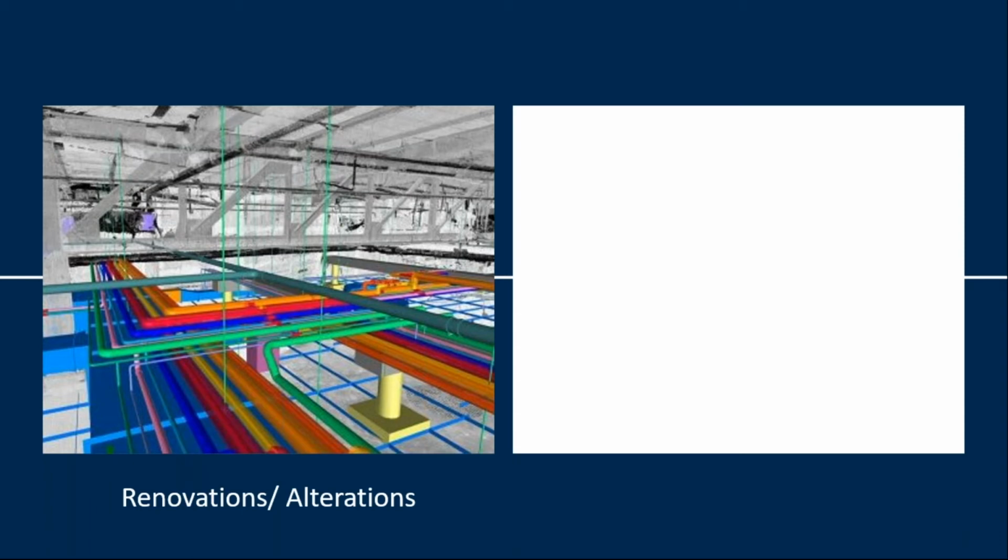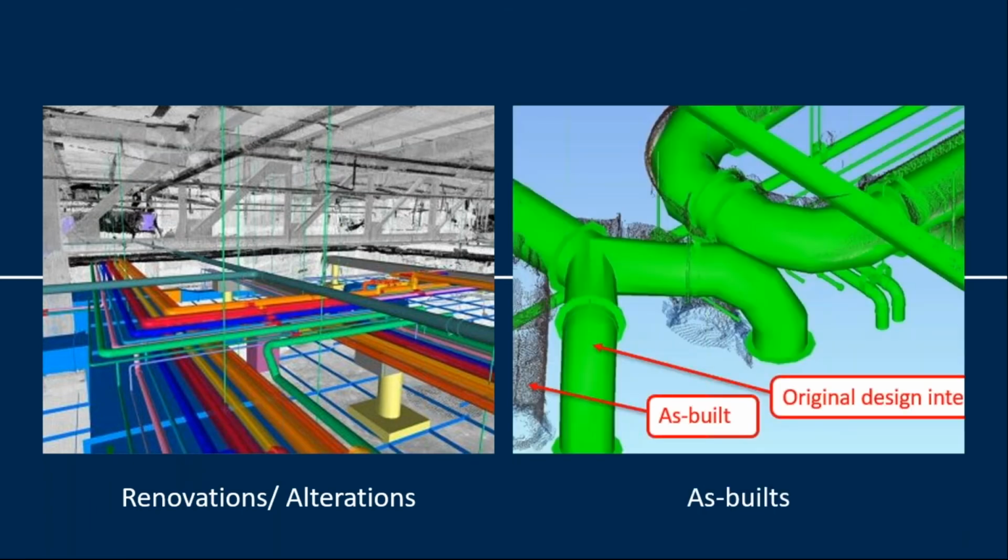But you can also use this workflow in a different sense when you are doing a new build. So at the end of every project, and I'll talk about this a little bit more later on, you have to have a record of your as-builts. And when it comes to things like steel erection, piping, and so on, the piping and the elements will not be in the exact position as what was prescribed in the design.